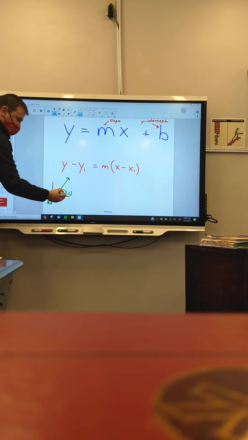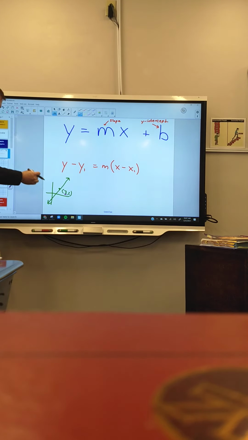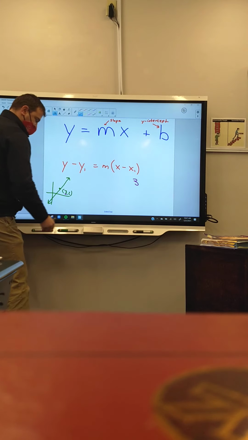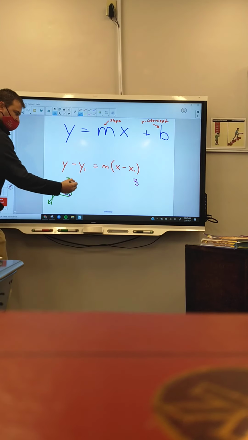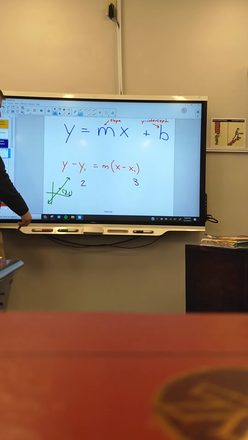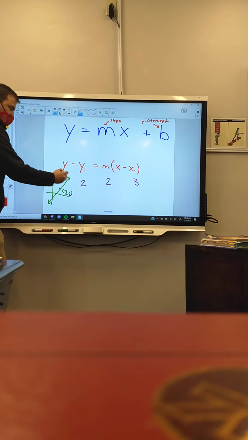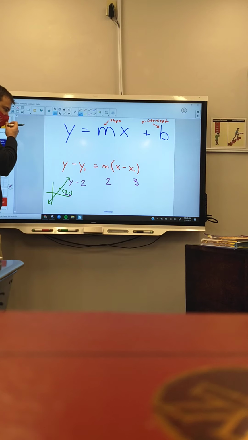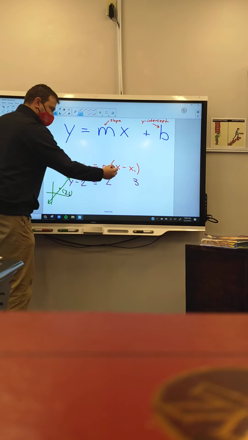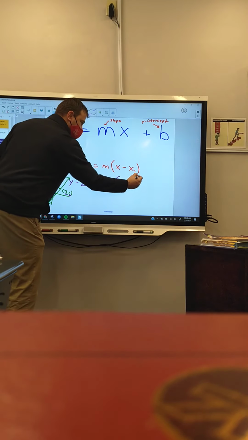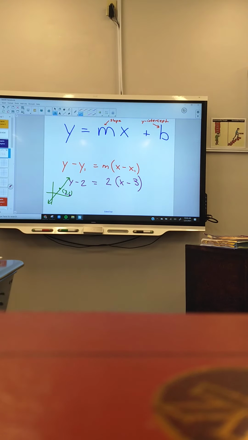You would say, well, I know the x that I know of from a specific point is 3, so that goes here. And I know the y value is 2, so that goes here. And we said the slope was 2, so that goes here. The y stays the same, so y minus 2 equals 2 times x minus 3. So this would be the equation of that line.